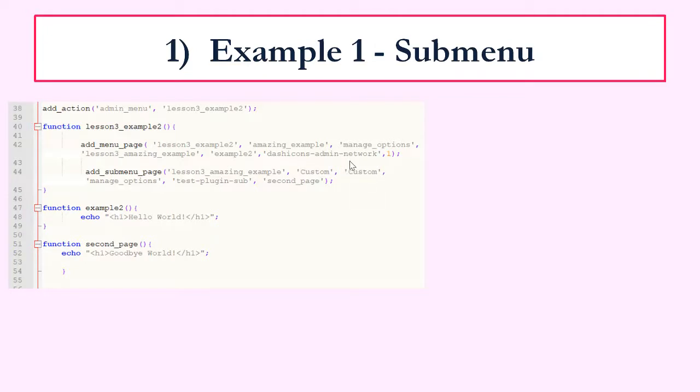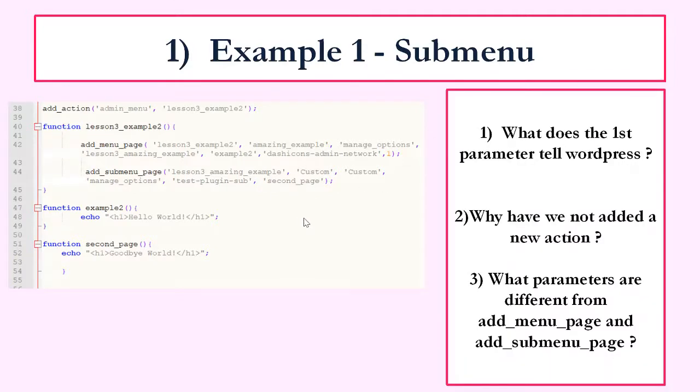This is the menu text that will appear on your menu. This is the capabilities. Here is the menu slug that we will create to identify this page for WordPress, and then this is the function. See if you can answer these questions, and then we'll go through them together. Just pause the video.